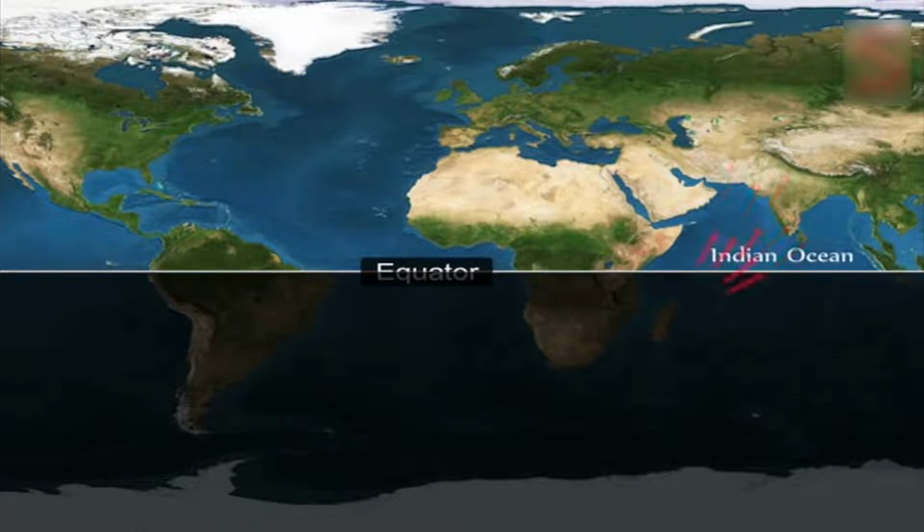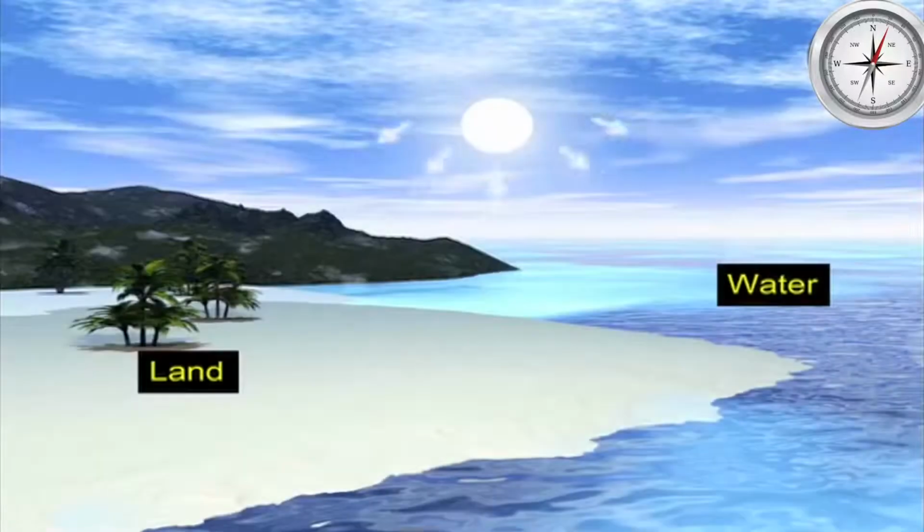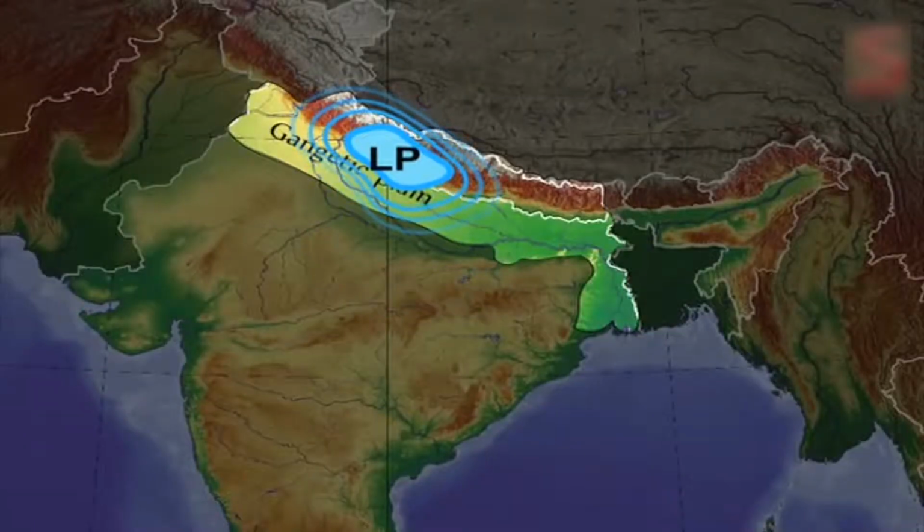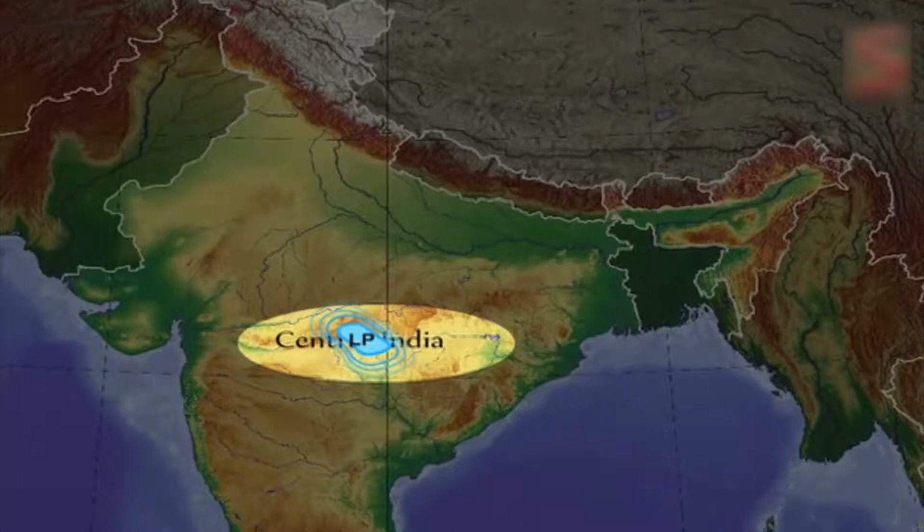Once these winds cross the equator, the winds turn towards low pressure that is formed in the Indian subcontinent. The heating of the land results in low pressure on the land mass of the subcontinent of India, especially over the Gangetic Plain and central India.